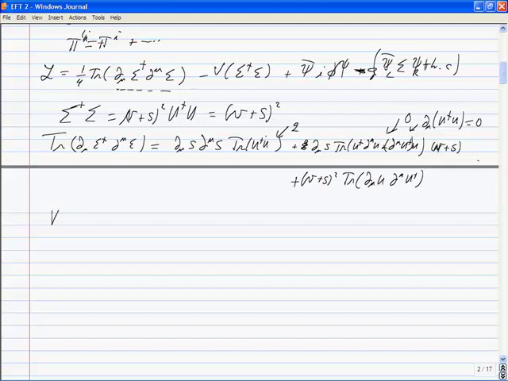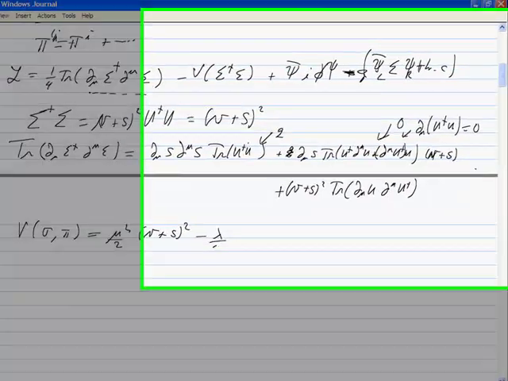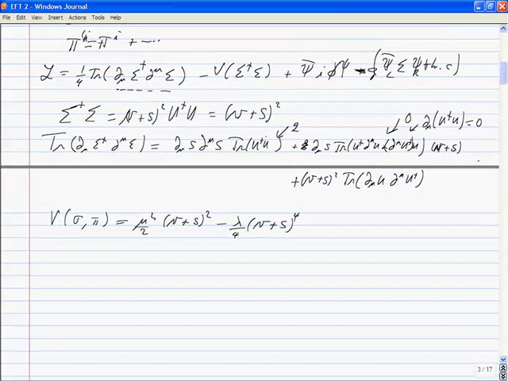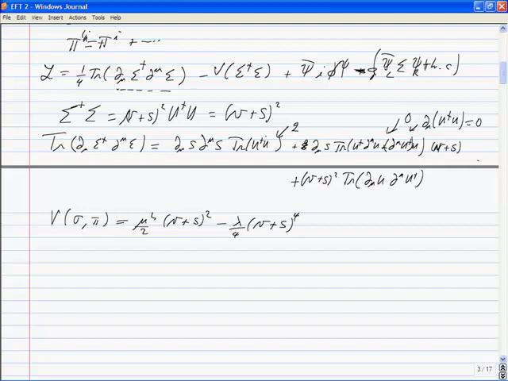So what used to be sigma and pi now turns into just mu squared over 2 (v plus s) squared minus lambda over 4 (v plus s) to the fourth. It comes out of that a mass term. Well, I'll just write out the answer now at this stage, right?